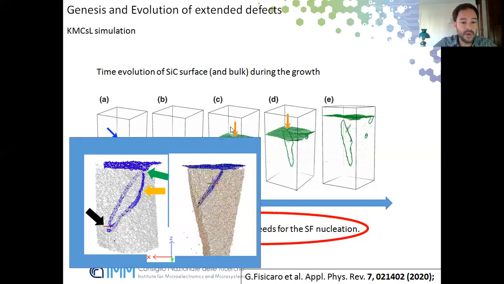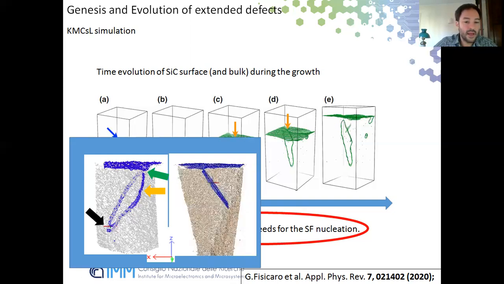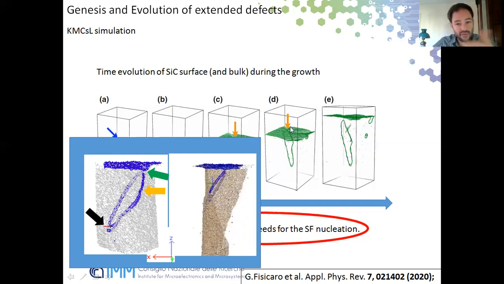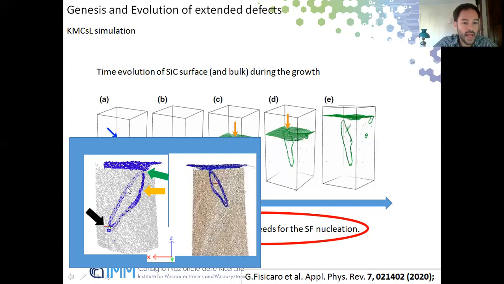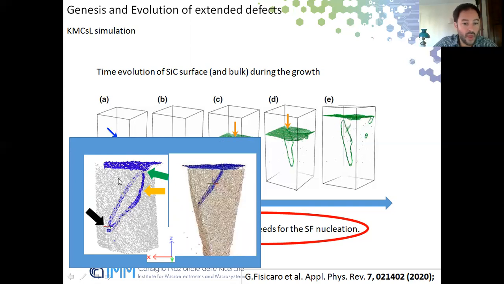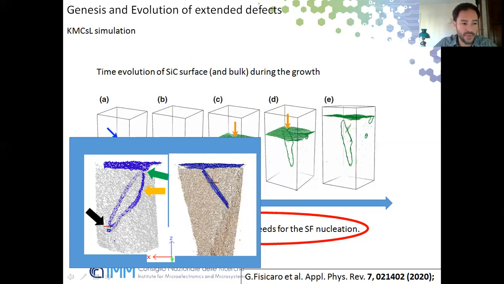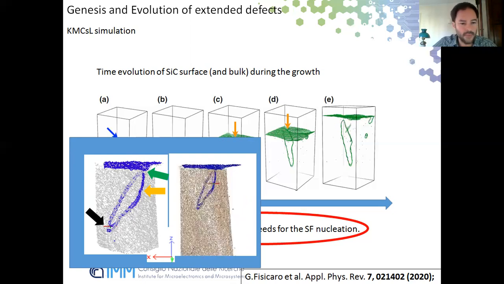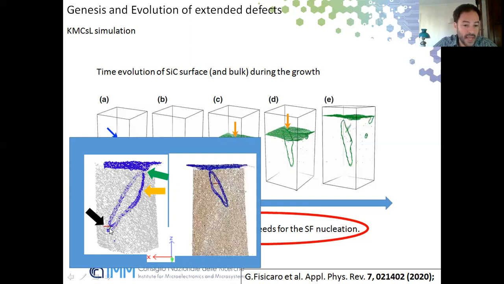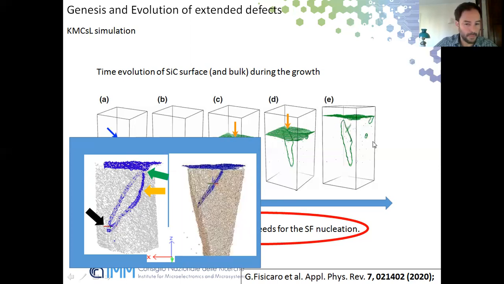This is a three-dimensional image. Here I take the D1 of the last slide, and the blue points are the partial dislocations. The gray points are the atoms that belong to the inverted domain boundary, and the black arrow indicates the place where the stacking fault is generated.